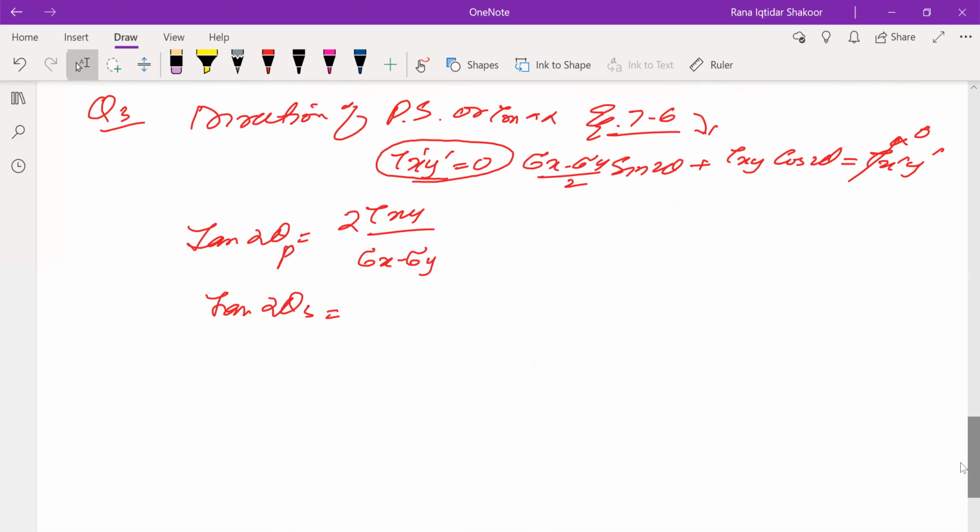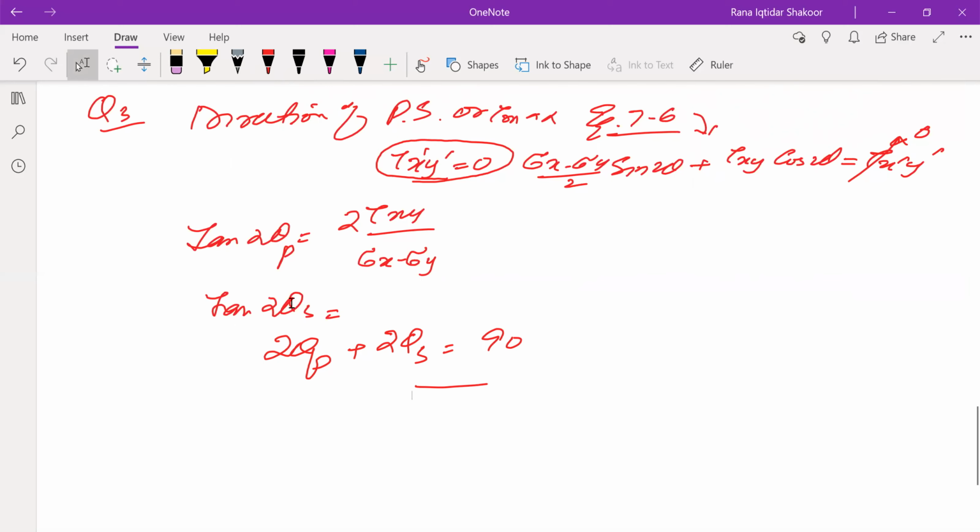So 2 theta p plus 2 theta s equals 90 degrees. You will calculate theta p from there, and then subtract accordingly to calculate the 2 theta s value.